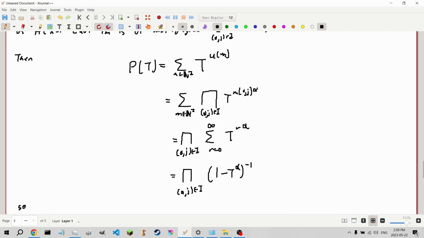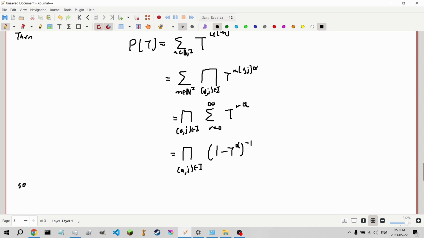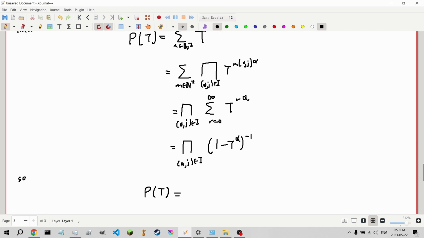So we get, the notation in this book is getting really badly formatted as it goes on, P of t, I'm guessing this has to be equals, which they did not write, the product over α in N^X minus 0 of 1 minus t to the α, to the minus c_α.